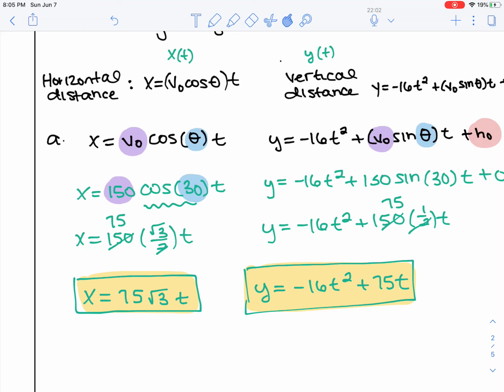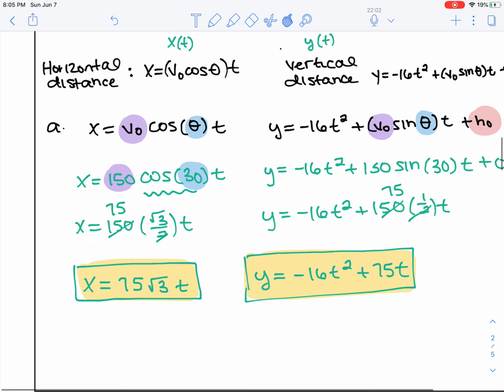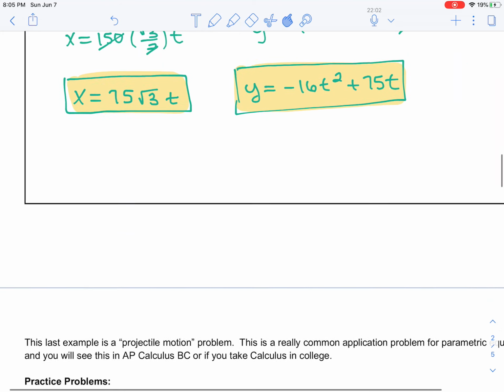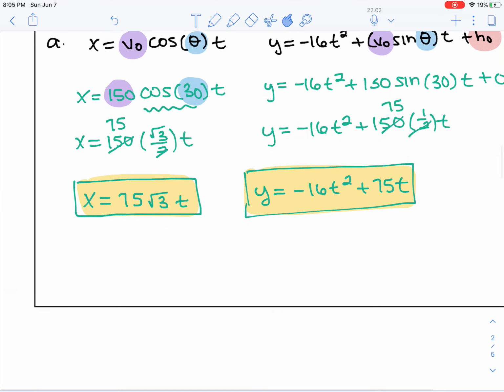Okay, part B, it says how long was the golf ball in the air? We want to go ahead and think carefully about what equation or what information is going to be helpful here. We want to know for how long, what quantity of t, was the golf ball in the air.